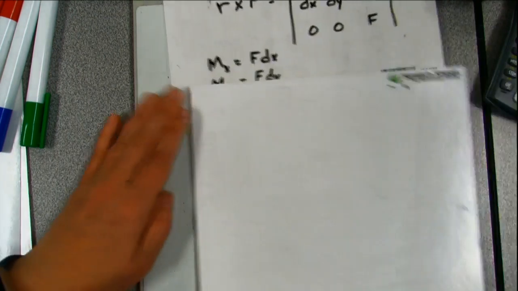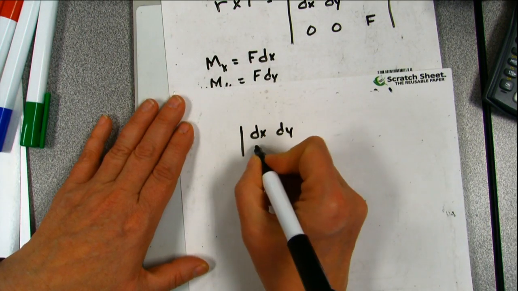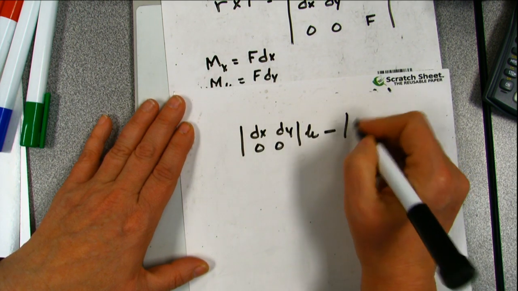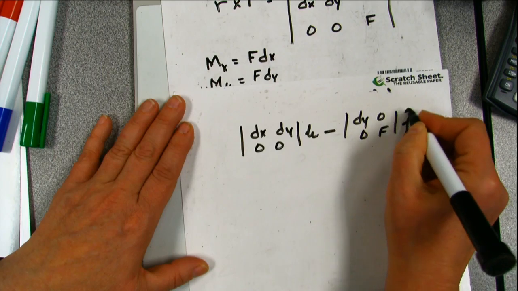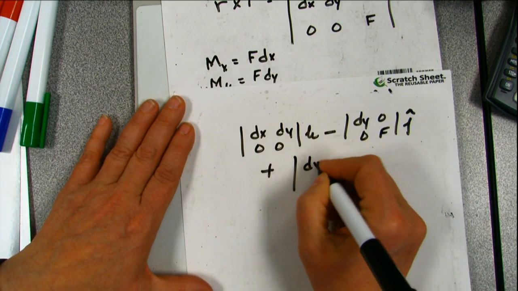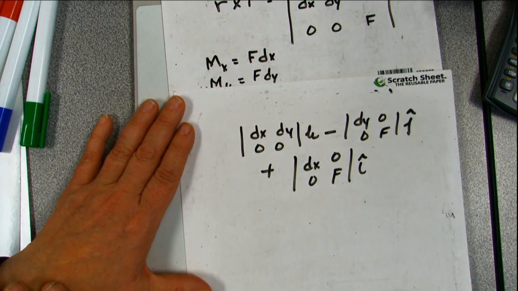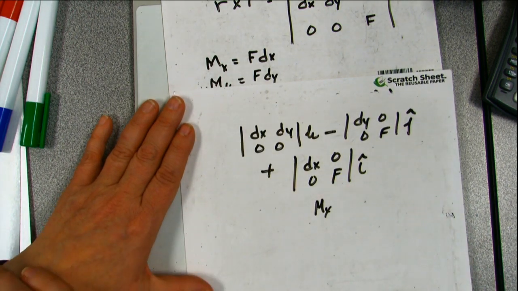Okay, let me write it out. You end up with dx, dy, 0, 0, f in the k direction, minus dy, 0, 0, f in the j direction, plus dx, f, 0, 0 in the i direction. So this becomes the moment in the x.